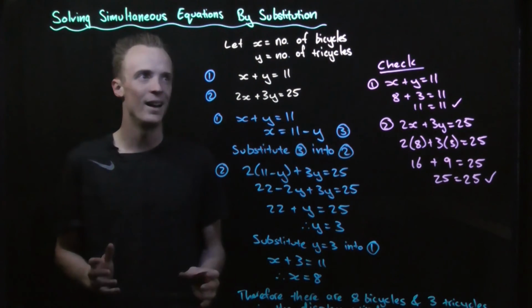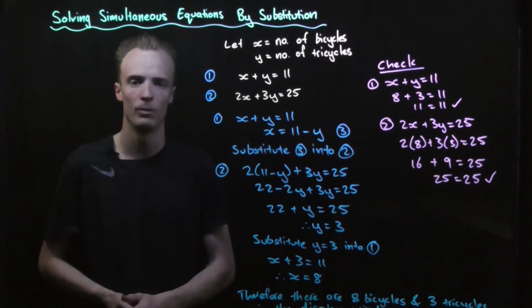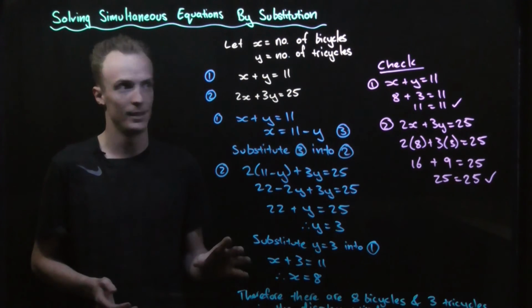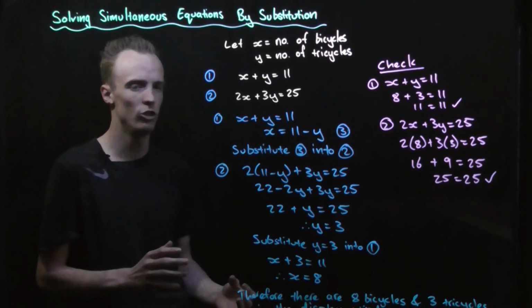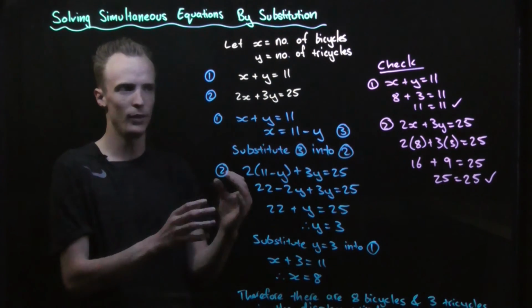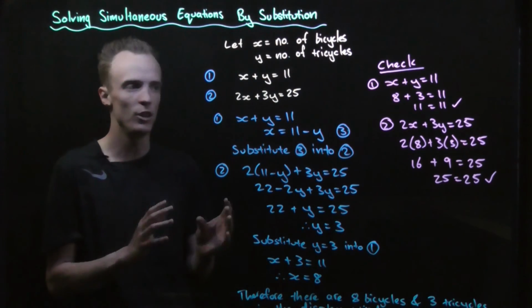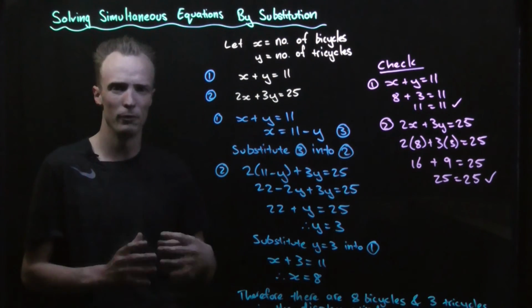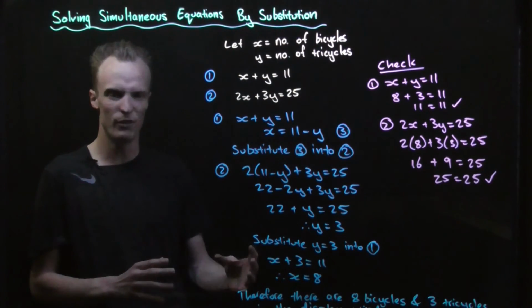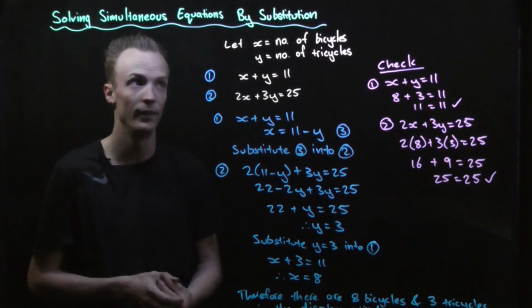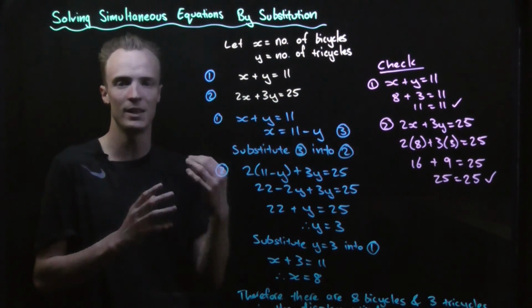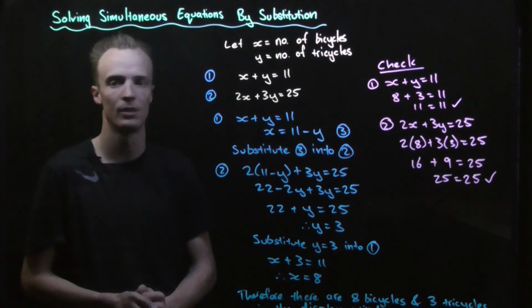So what are the benefits of substitution? Well, the main benefit is this. Substitution will find the most accurate solution no matter what type of simultaneous linear equations that you end up with. So for really complex problems that don't give nice, easy, whole number solutions, substitution is the most accurate method to use.